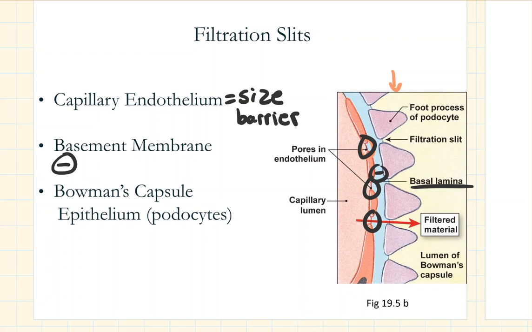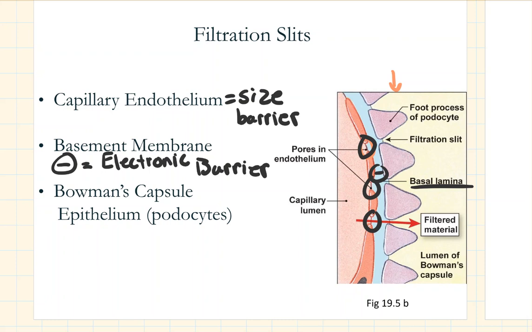If any plasma proteins are able to get past the endothelium, they will encounter this negatively charged basal lamina. And we know that like charges don't like to be next to each other, so they will repel any plasma proteins. So the basement membrane is an electric barrier because it excludes anything with a negative charge, such as your plasma proteins.